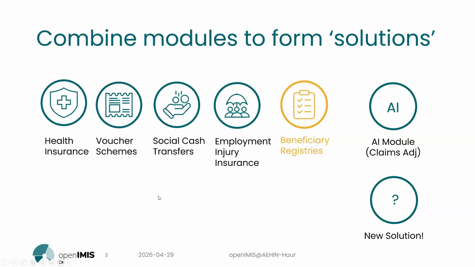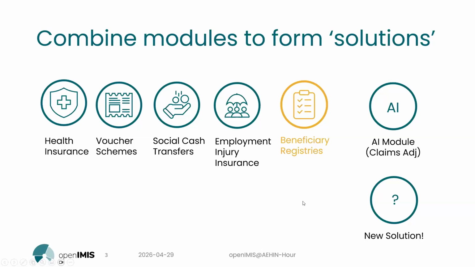The problem that we face is that we are serving different customers, and those different customers all have their own terminology, they all have their own business processes, and sometimes they use different words for the same thing, and sometimes they don't need things that people from health do when we talk about beneficiary registry. So you don't need all that functionality.